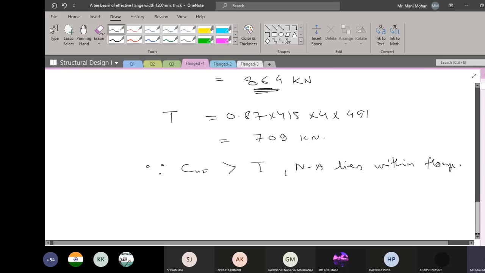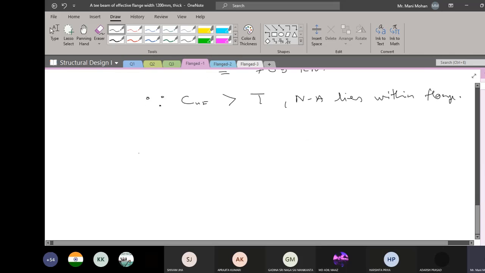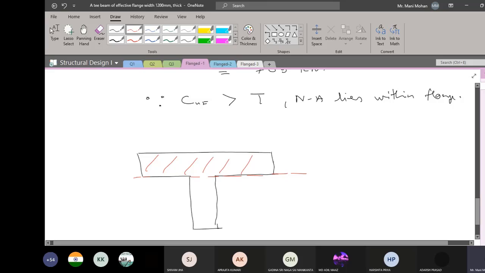It means that, so please see this logic. Try to understand what I mean to say. So right now, what you did is you have located your neutral axis over here. And you computed the compression force over here, CUF. And you computed the tension force.